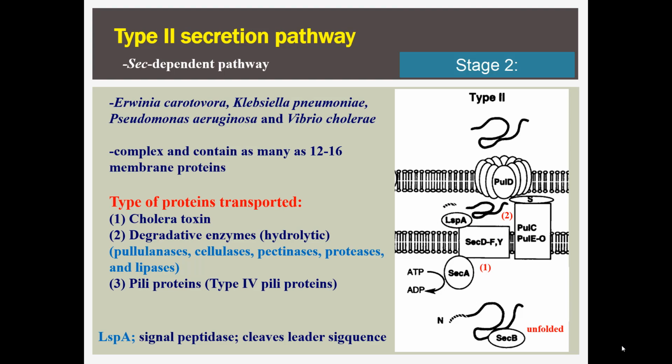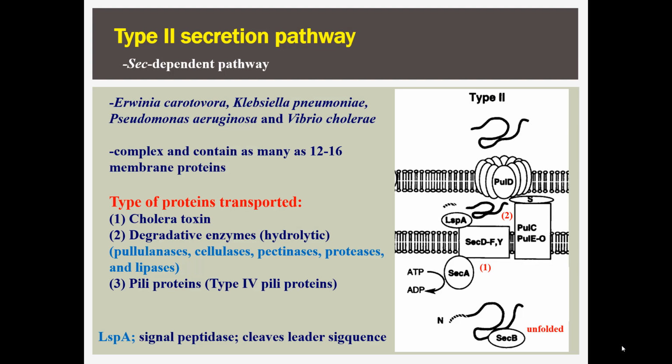In stage 2, the protein is secreted from the periplasm across the outer membrane to the external medium. The translocation machinery and mechanism of the second stage are not well understood. The secretory apparatus for the second stage of secretion is called the secreton, and it consists of 12 to 16 proteins. Not all the proteins are shown here.